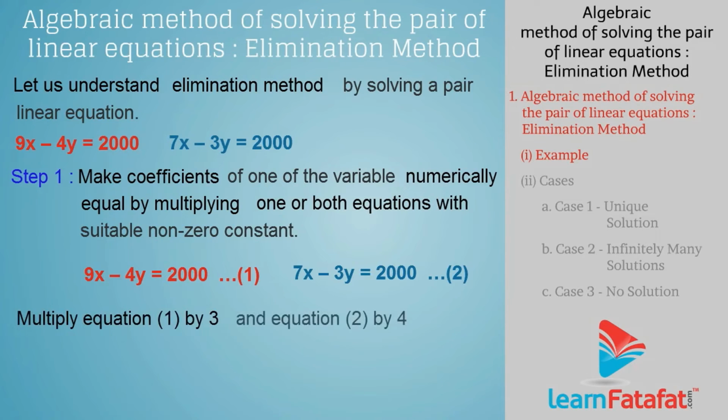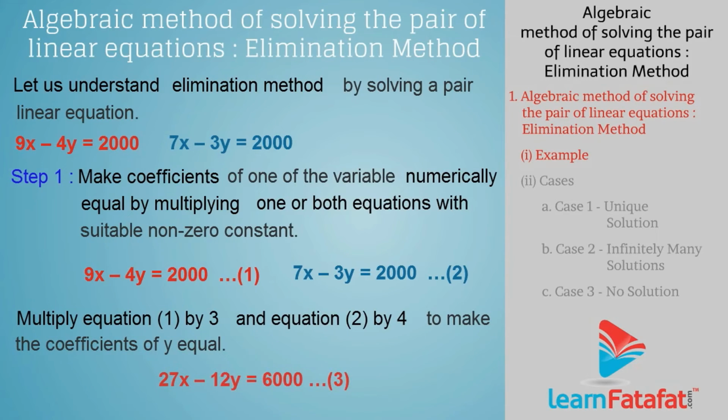Multiply equation 1 by 3 and equation 2 by 4 to make the coefficients of y equal. Hence, we get 27x minus 12y is equal to 6000, which is equation 3, and 28x minus 12y is equal to 8000, which is equation 4.